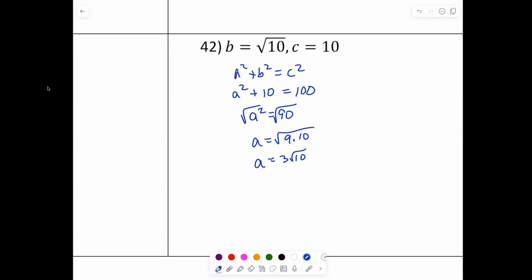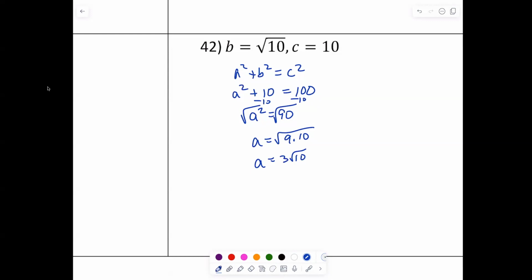You have to isolate first. I subtracted 10. Is that making sense or not?